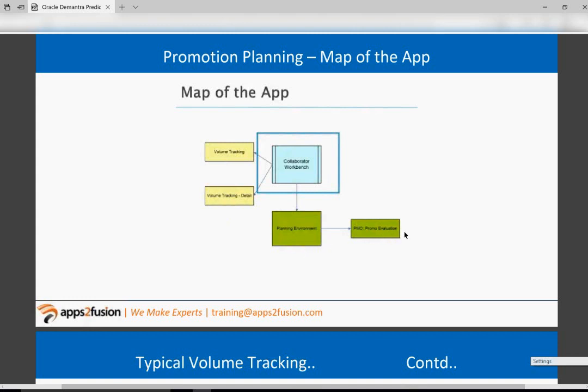Within the planning environment and the evaluation planning environment, I have just one worksheet here which corresponds to my trade promotion metrics, like what metrics I want to choose to ensure my trade promotions are on track while they are executing, or on all closed promotions I can do a better analysis with the help of these KPIs.